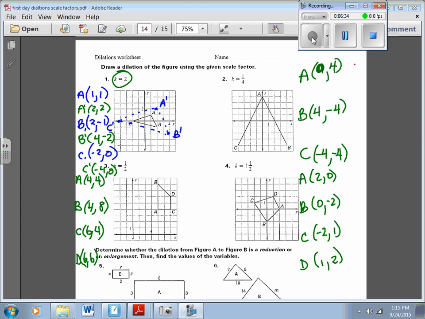I want to go over number 2 and number 3. So if you can finish where you're at, and then let me have your attention. Pause where you're at now.